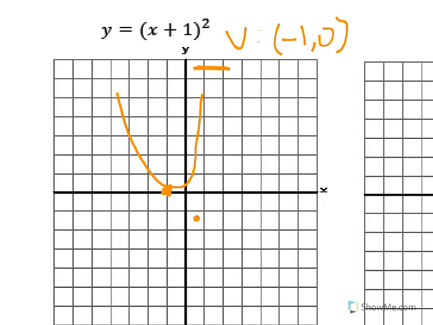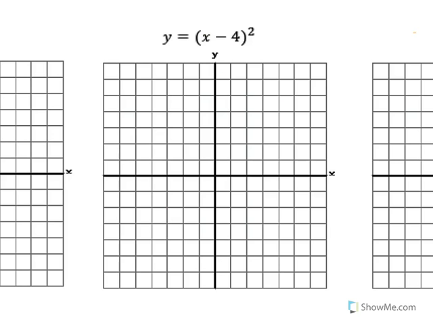Okay, what was the vertex for number 3? -2, 0. Good. Let's move on to the next problem.